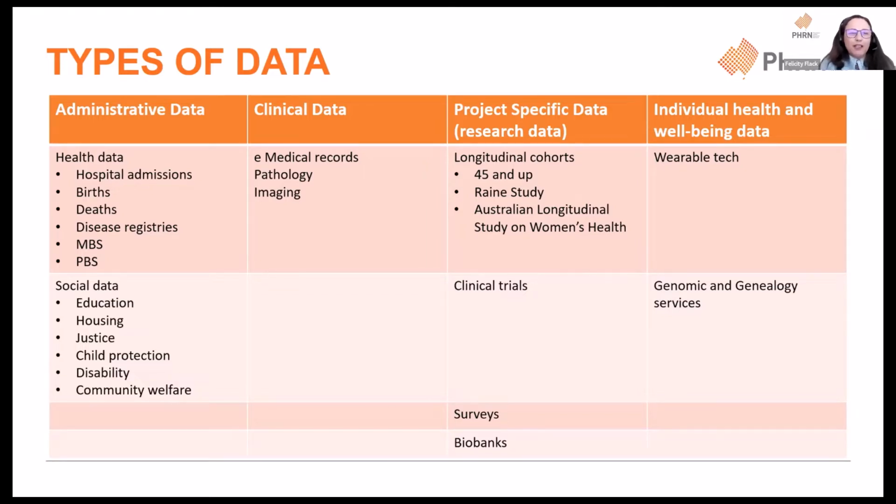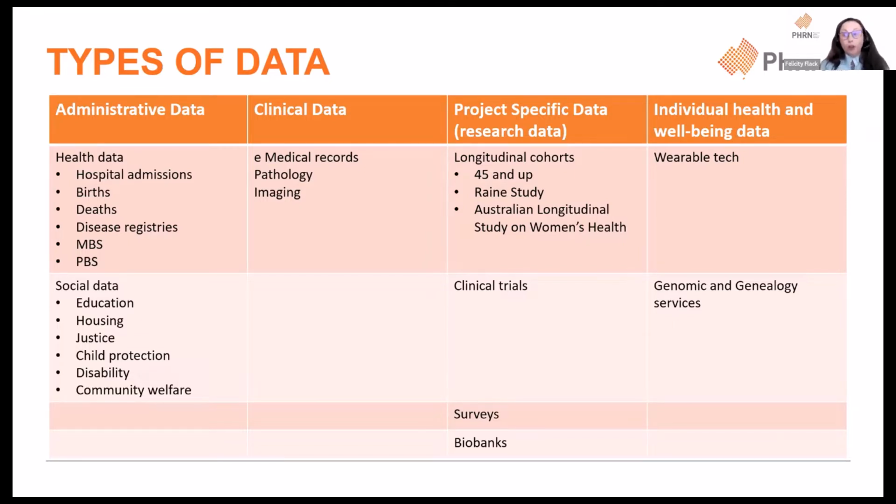So let's think about the types of data, and I've divided them into four different types of data that we can link. The first, and probably the type of data that we mostly link, we call administrative data. This is any data that is collected in the provision of a routine service. So in the health data sphere, things like hospital admissions, births, deaths, disease registries like cancer, the medical benefits scheme, pharmaceutical benefits scheme data.